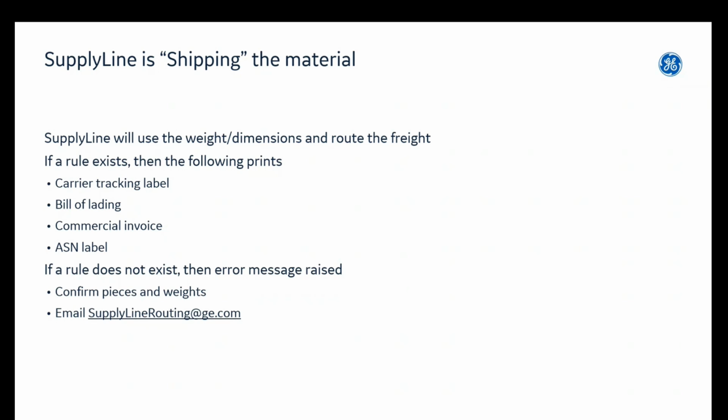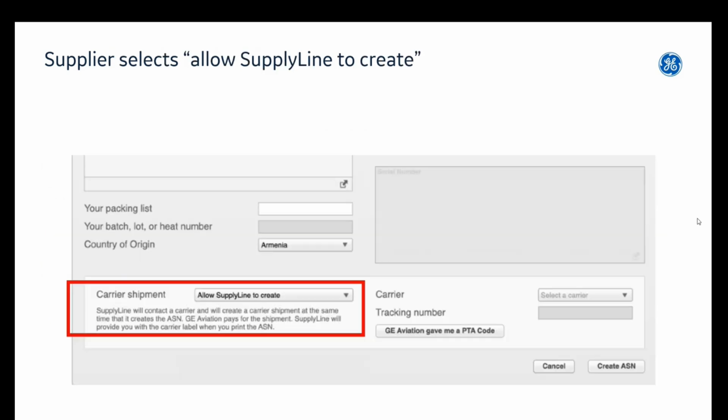Make sure you don't have too many zeros. Fix anything that you need to fix. Try it again. If that doesn't work, reach out to SupplyLineRouting@ge.com. We'll help to root cause it and potentially route it ourselves, or give you details of how to correct it on your side. But what this looks like on the screen is carrier shipment, allow SupplyLine to create.